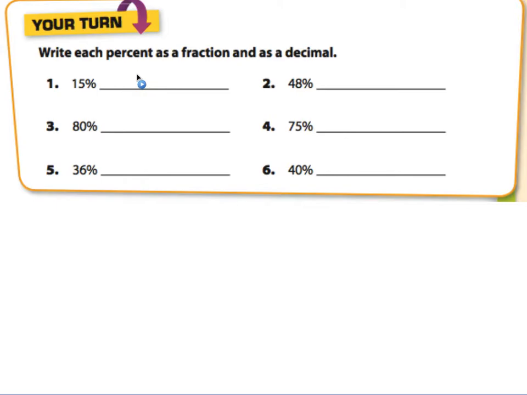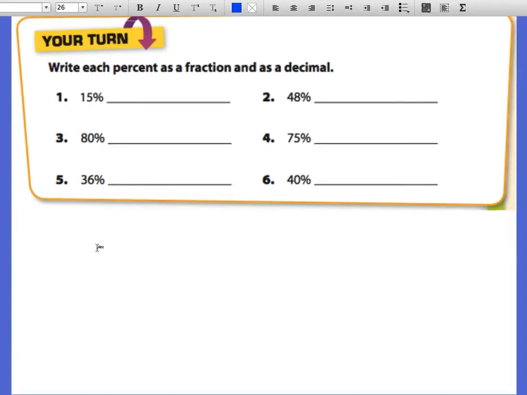All right, so what I would like you to do is write each percent as a fraction and as a decimal. I would like you to write it not only as a fraction out of 100, but I would also like you to simplify it. For example, for the first one, you have 15%. Yes, that would be 15 hundredths. But I also know that can be simplified.